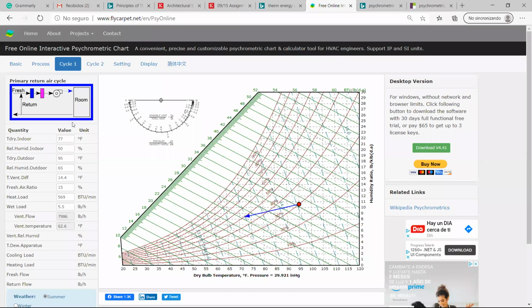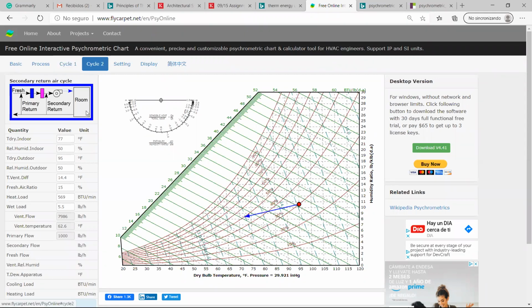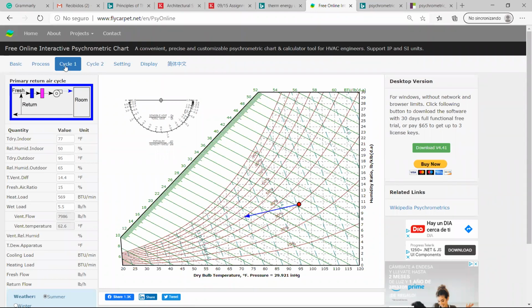I didn't have this when I was a student. And then we have cycle 2. In cycle 2, it's even more complicated because we have a primary return and a secondary return. We're not going to use this, but next Wednesday, no, on Thursday, so this coming Thursday, day after tomorrow, we are going to use this cycle 1 option to calculate what we have explained today.